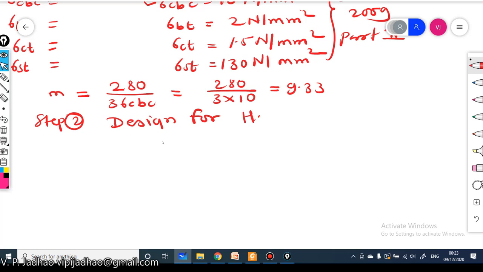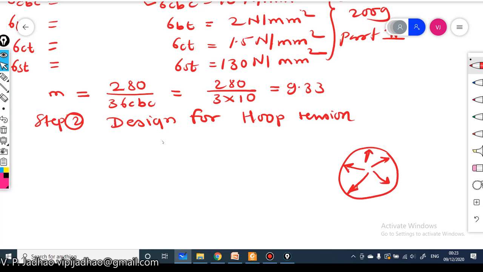If this is our water tank in plan, it will be subjected to forces from hydrostatic pressure of water in all directions, due to which hoop tension will be developed and it will cause tensile stresses in the concrete wall.